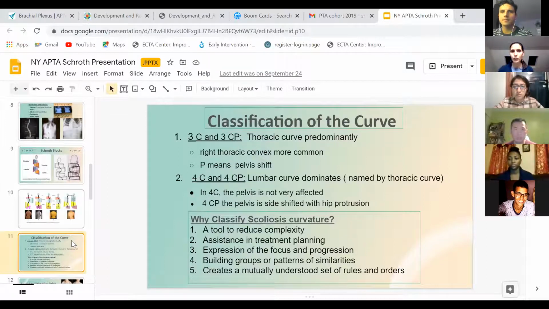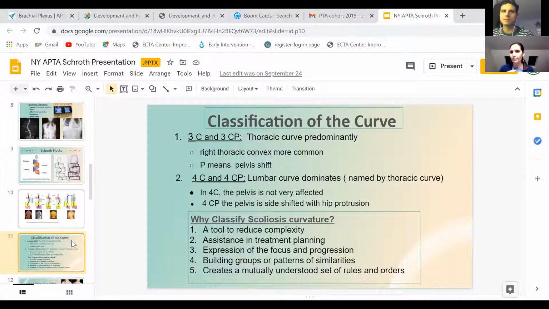It's like a language. So if the thoracic is the one involved, it's called a 3C or 3CP. The P is the pelvis, meaning that there's a curve on the thoracic and now the pelvis has also shifted. If it's just the spine at the thoracic, it's only a 3C.